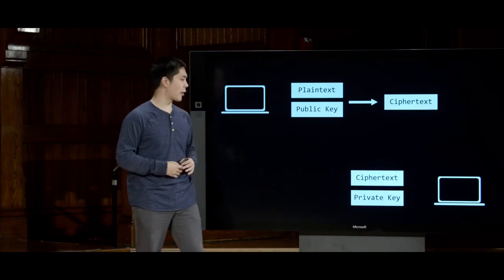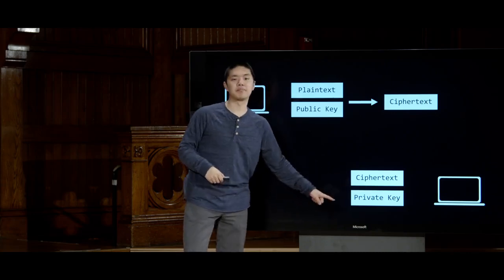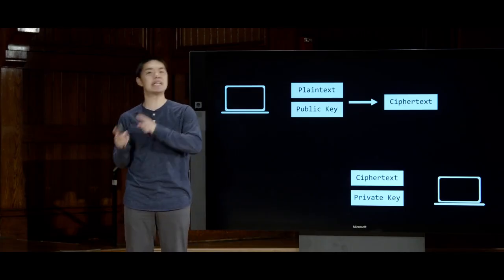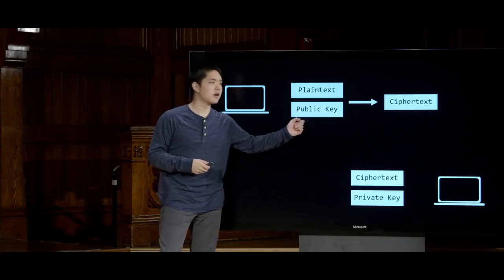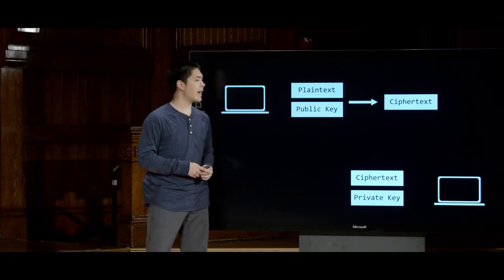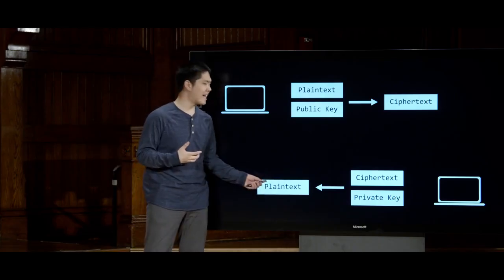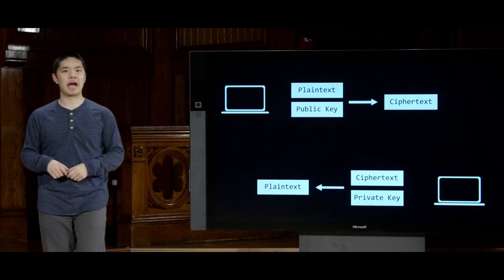And the other person now, using the ciphertext, uses the private key that they did not share, the private key that has the ability to decrypt information that was encrypted using the public key. So using a combination of the ciphertext and the private key, the person I'm communicating with can decrypt that information and get back whatever the original plain text happened to be.